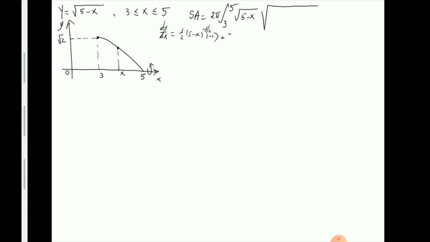If you want to write it as a radical, that's going to be minus 1 over 2 square root of 5 minus x. Go slow when you have these negatives so that you don't mess up the computation. So inside the radical, we have 1 plus the derivative to the power 2. So this derivative that we just found raised to the power 2.